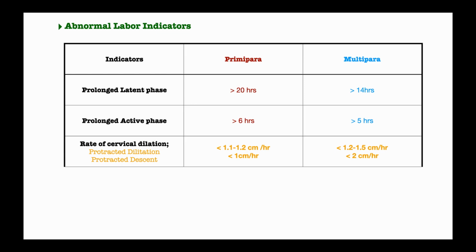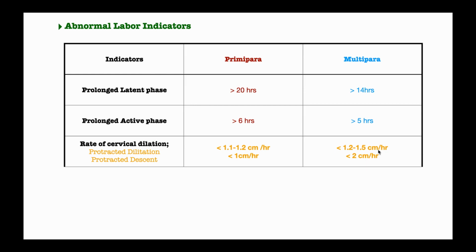And so we divide 1 centimeter by 2 hours and we get 0.5 centimeters per hour. Now, this indicates a delay in the active stage of labor because, as we've seen, the active stage of labor must be between 1.1 to 1.2 centimeters dilatation per hour in the primipara and 1.2 to 1.5 centimeters per hour in the multipara.